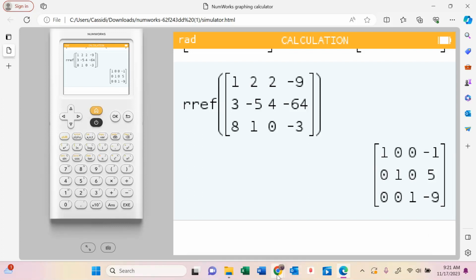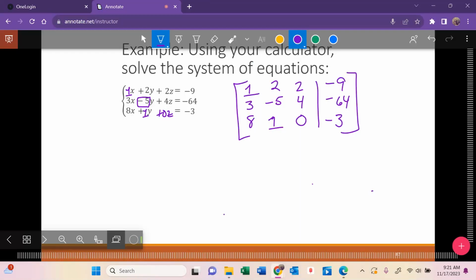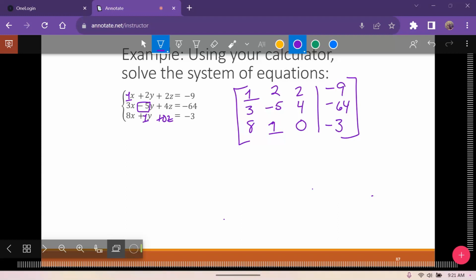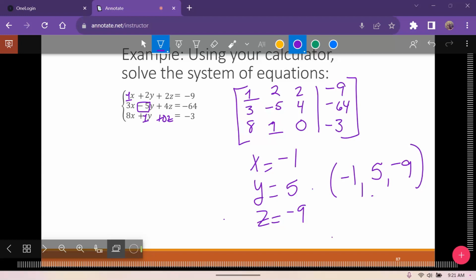So when I go to write that answer on my paper, I'm going to write that I got x equals -1, y equals 5, and z equals -9, or I can write it as a point, and that point would be (-1, 5, -9).